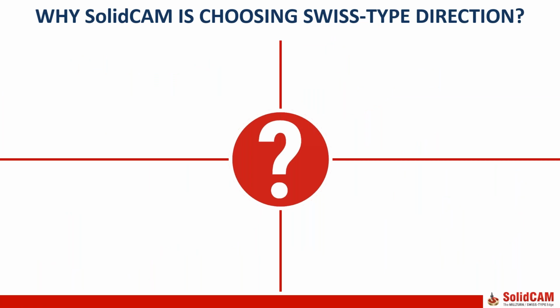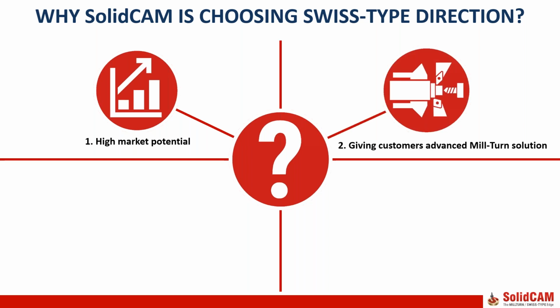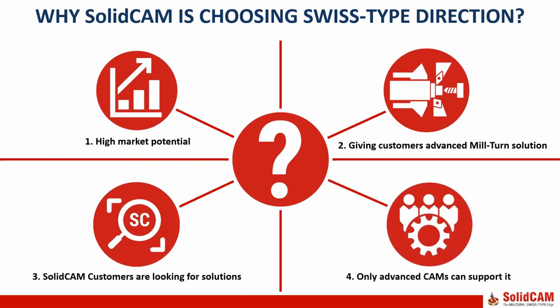SolidCAM is choosing the Swiss type direction because there is a high market potential. There are a lot of such machines and there will be more. This is not the only reason. Having such capability shows customers that SolidCAM is the most advanced system in the world, and this can support you in selling other types of machines with SolidCAM.